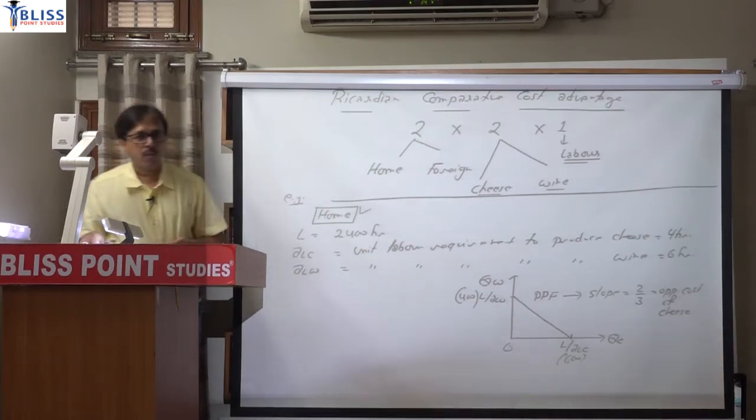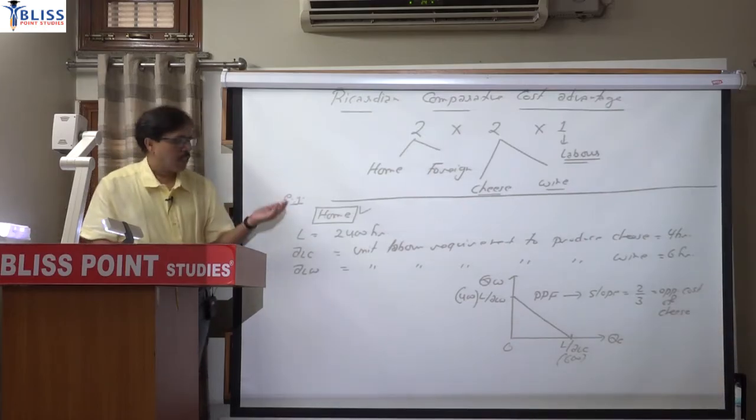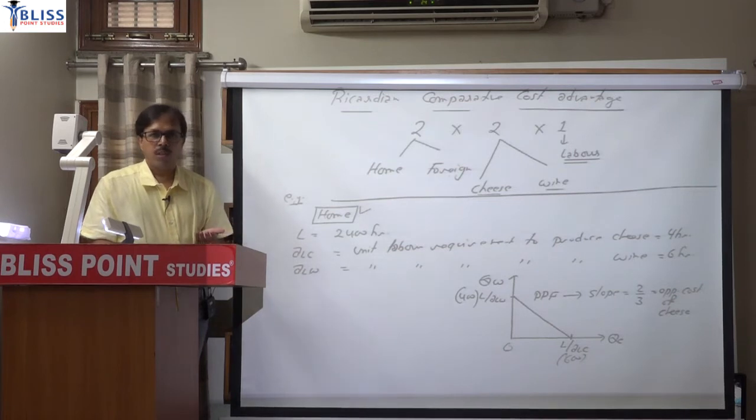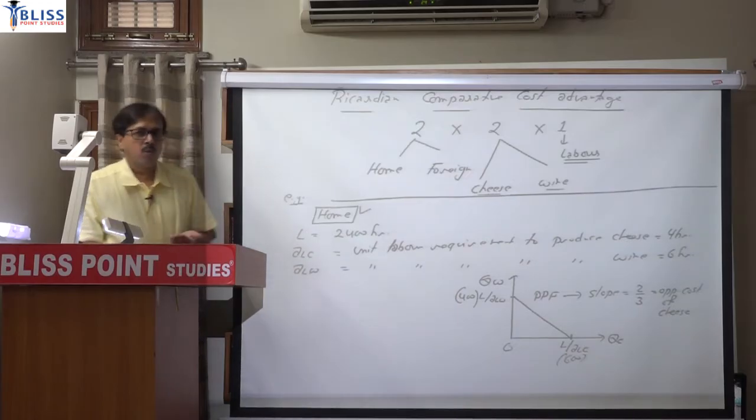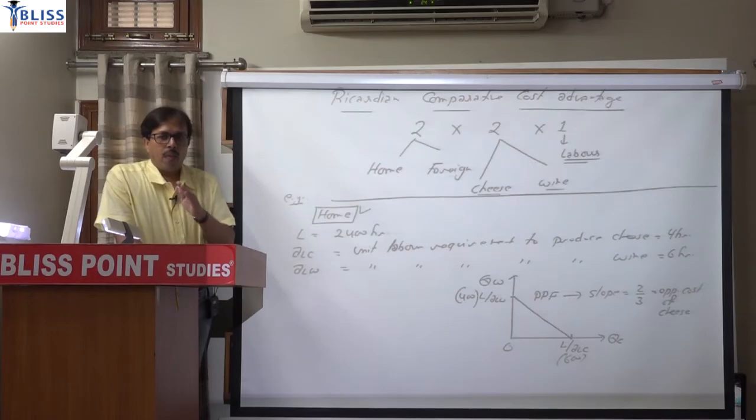What is the meaning of opportunity cost? What is the interpretation of that number 2 by 3? If I say opportunity cost of cheese, remember the opportunity cost is always expressed in terms of the other good that you sacrifice. So if I say opportunity cost of cheese is 2/3, it means to produce one additional unit of cheese, the economy will have to give up 2/3 unit of wine.